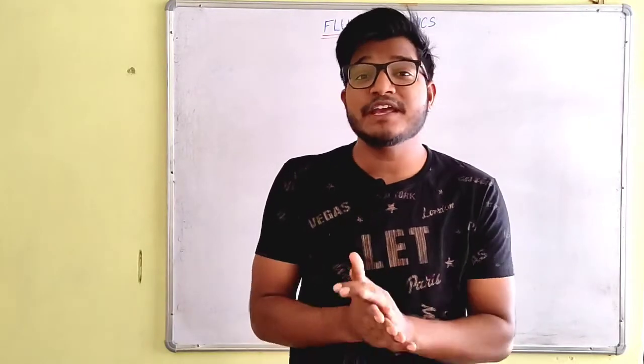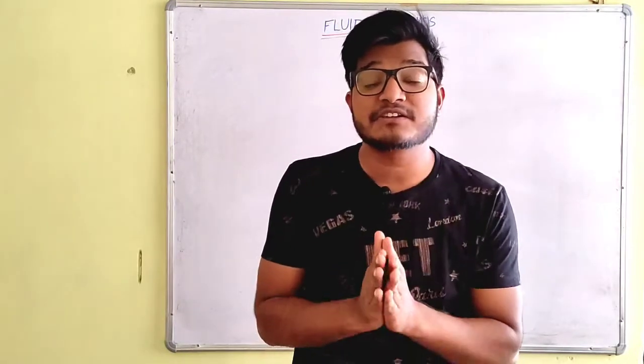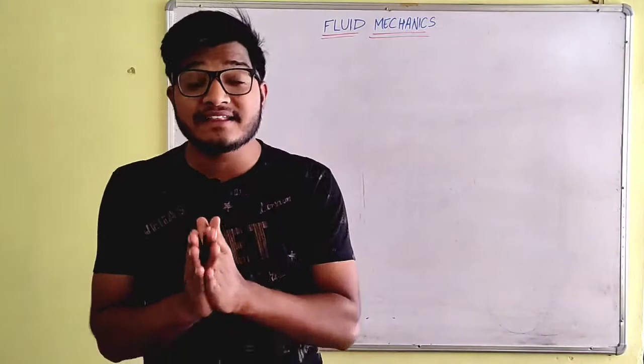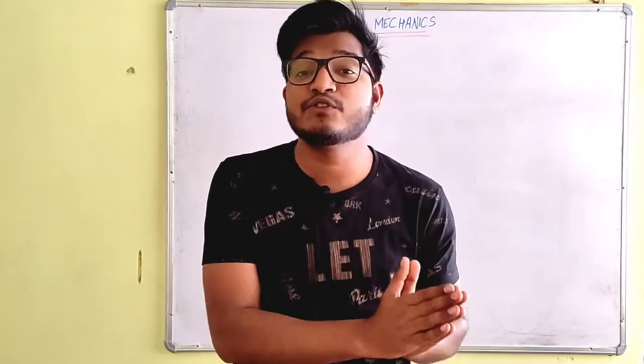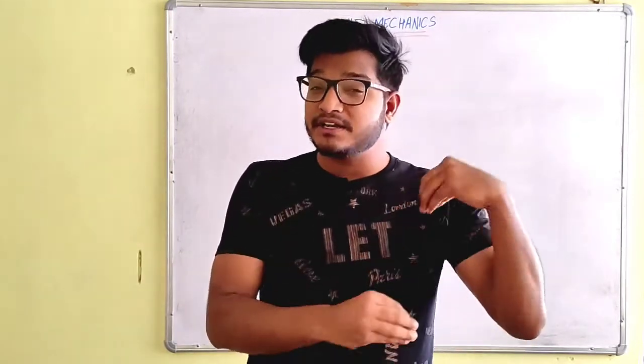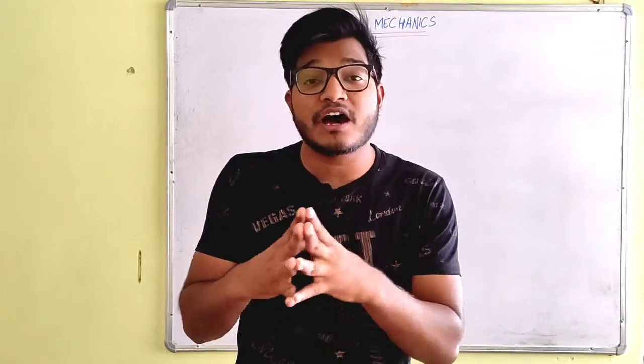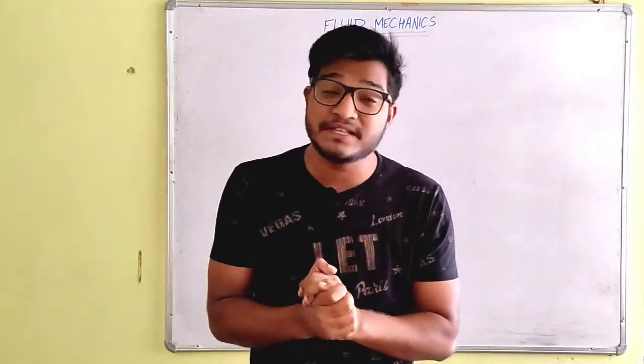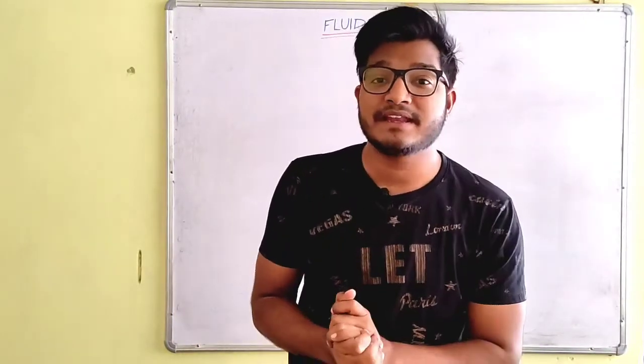So in the previous video we started our new subject, which is fluid mechanics, and in the first part we covered the basics: what a fluid is, how it reacts, and what the properties of fluid are. If you haven't watched that video, please go and watch it in the fluid mechanics playlist.